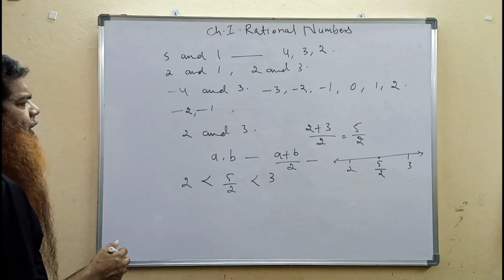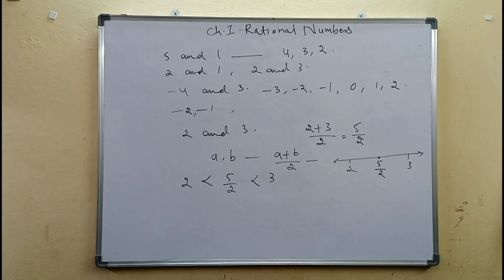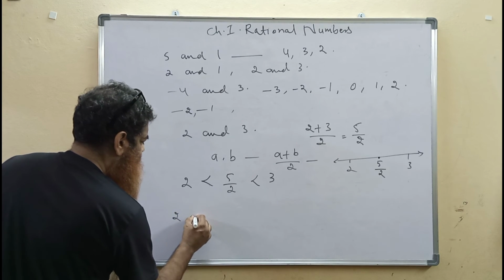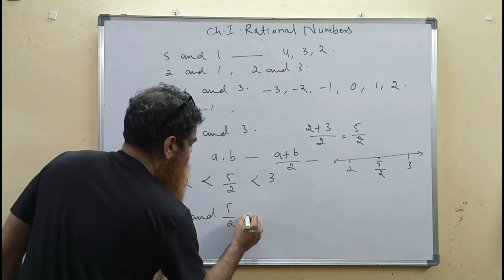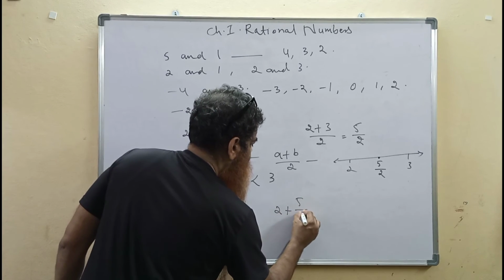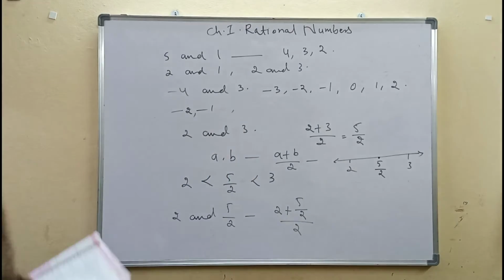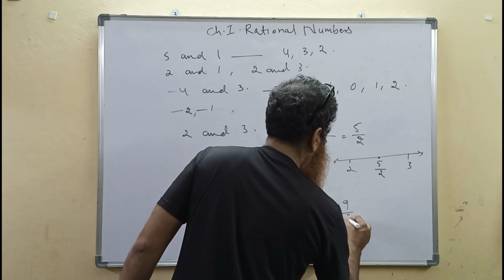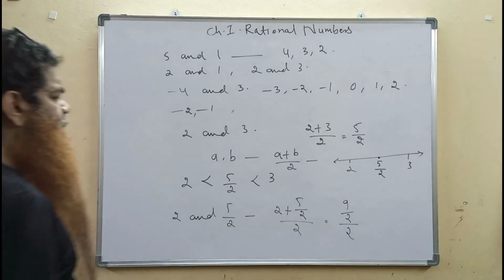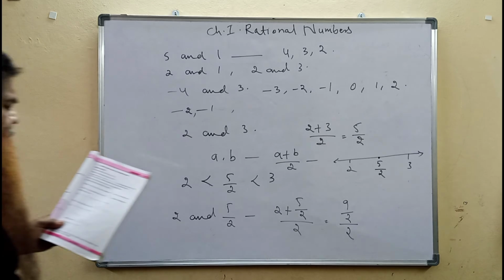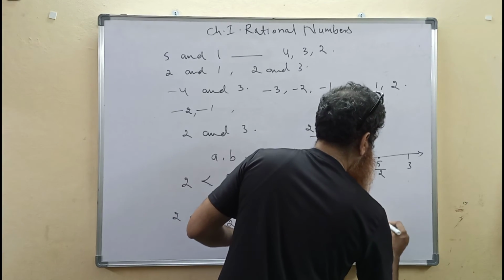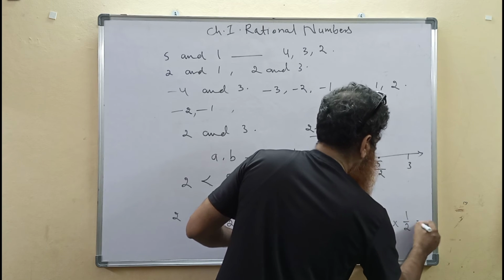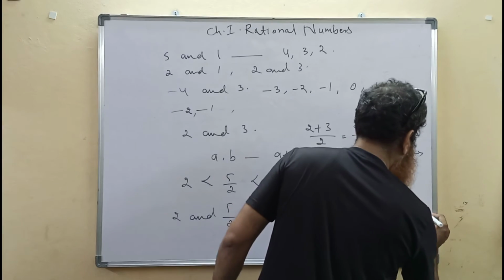Now we can also find a number between these rational numbers. Now the rational number between 2 and 5 by 2 is 2 plus 5 by 2 divided by 2, which is equal to 9 by 2 divided by 2, which is equal to 9 by 2 into 1 by 2, which is equal to 9 by 4.